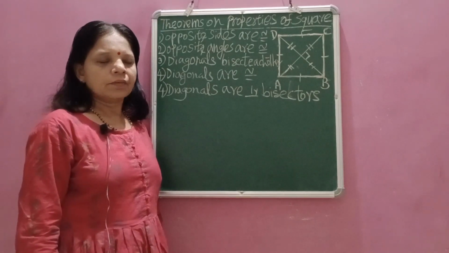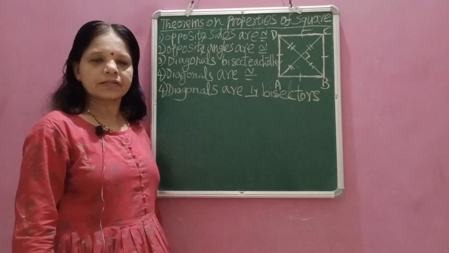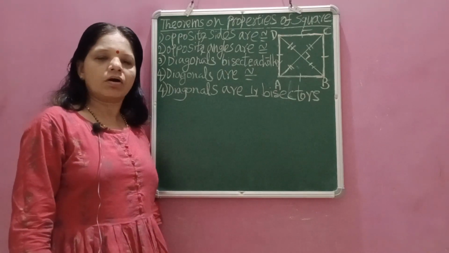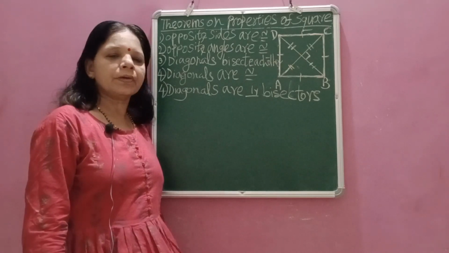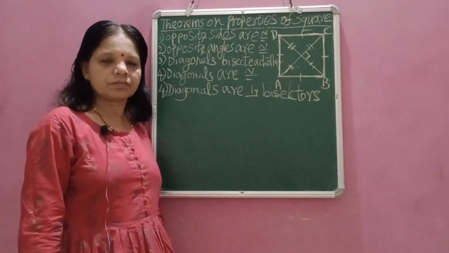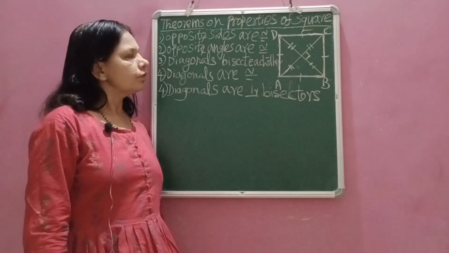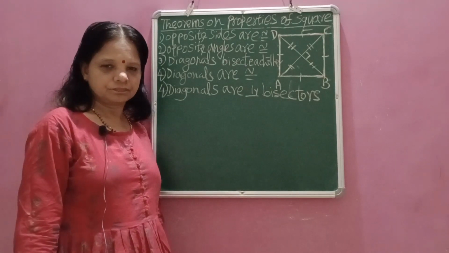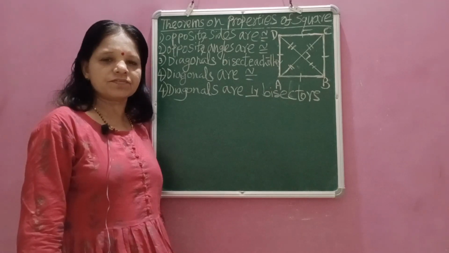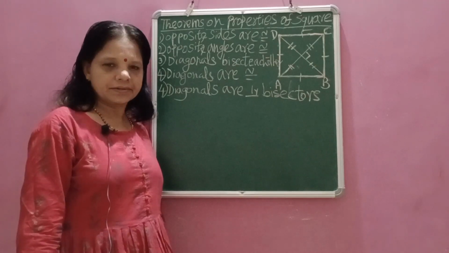Therefore, the property of rectangle that diagonals are congruent is also applicable for square. So, diagonals are congruent. The proofs of these theorems we have already done.